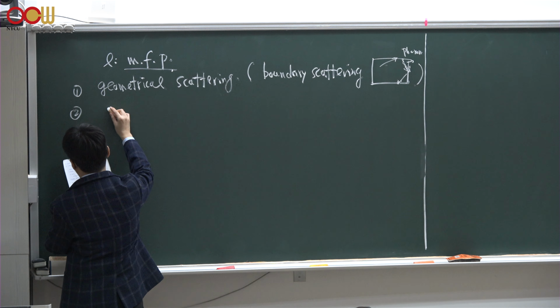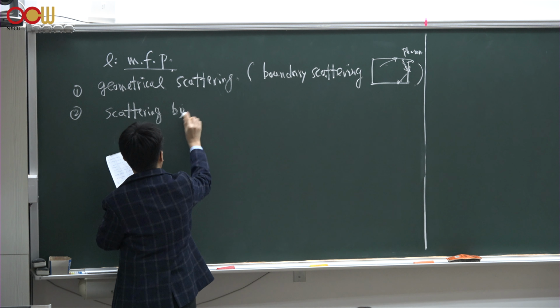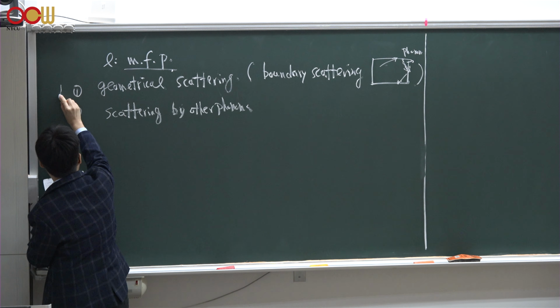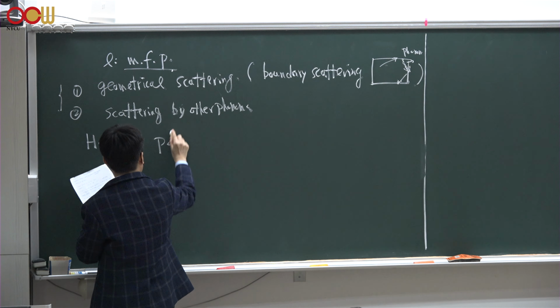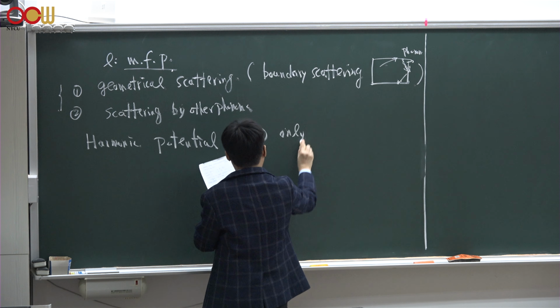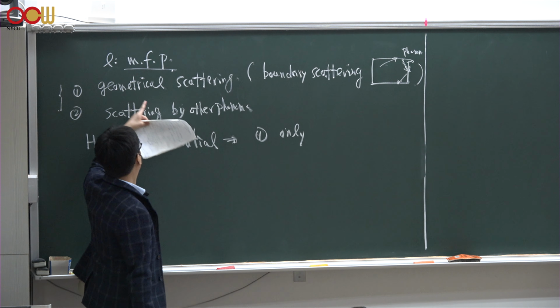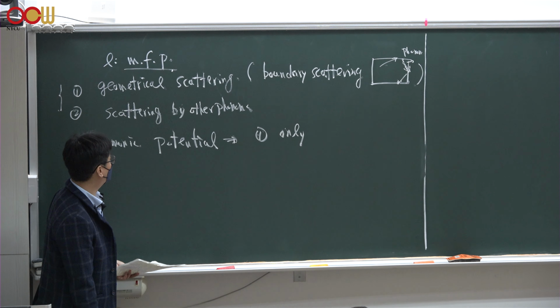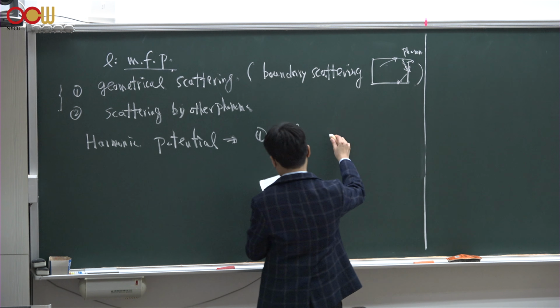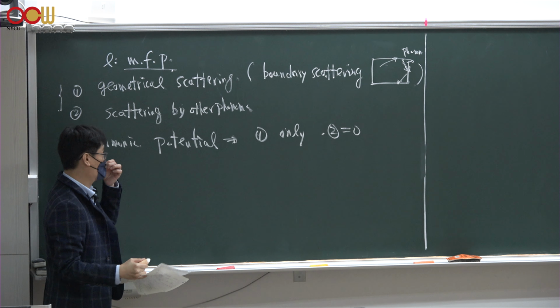But the second one is more important, which is the scattering of phonons by other phonons. So remember, we discussed the harmonic potential in the beginning. If we consider only the harmonic potential, then we have just the first, geometric scattering present, and there's no chance that a phonon could be scattered.